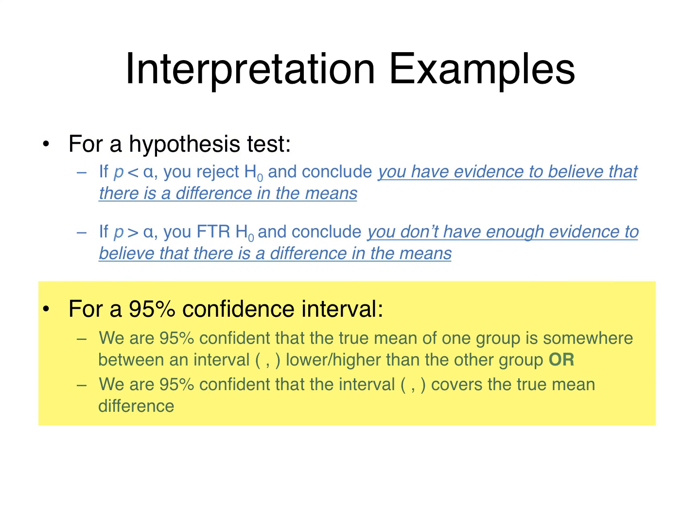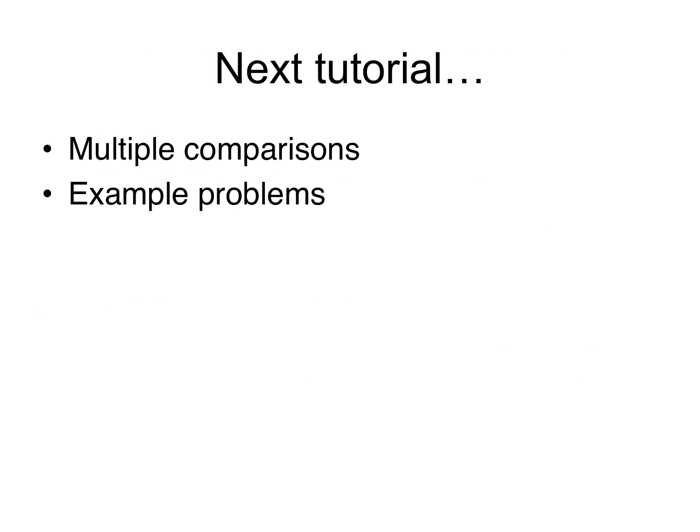For a 95% confidence interval, your interpretation would be, we are 95% confident that the true mean of one group is somewhere between an interval higher than the other group, or we are 95% confident that the interval from lower limit to upper limit covers the true mean difference.